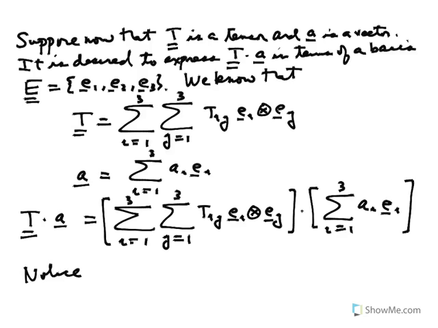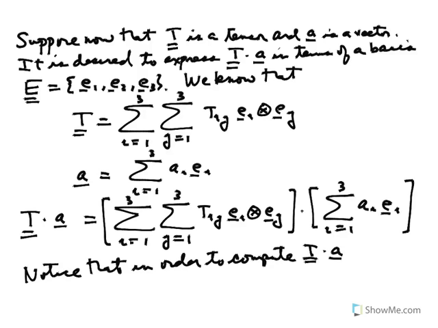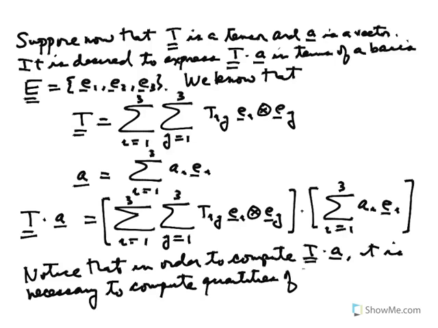Notice that in order to compute T applied to A, it is necessary to compute quantities of the form Ei circle cross Ej applied to Ek. We're going to need to do that. And we'll see it very explicitly in just a minute, but let's do this first.